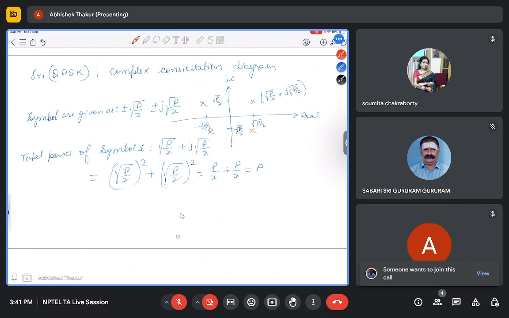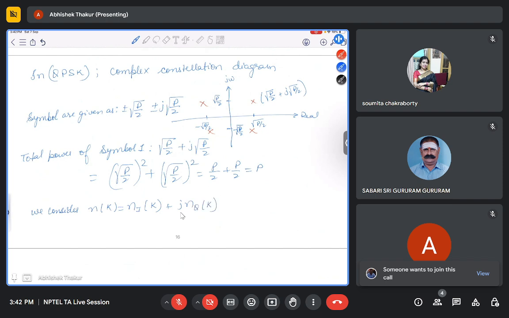And now the noise also is given as complex constellation noise. So we consider noise to be complex Gaussian in nature. So for QPSK, we consider noise n_k as n_Ik plus j n_Qk.